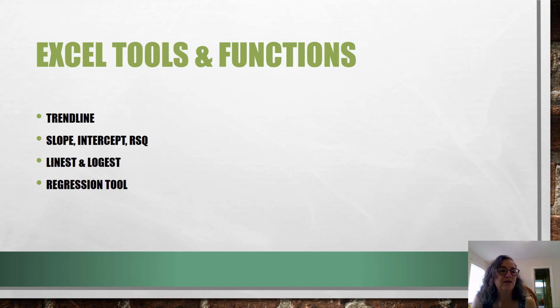We also have LINEST and LOGEST, which are linear and logarithmic estimation tools, and these can actually do polynomials or polynomials of the natural log of your variable. And then we have the regression tool, which gives so much information, most of which we're not learning how to deal with in this course, but you will be looking at that when you take your statistics course.